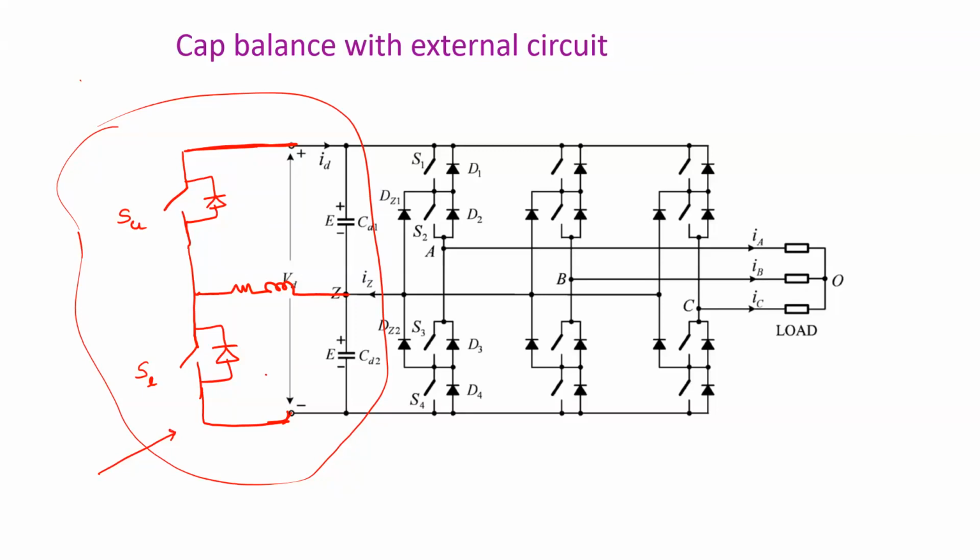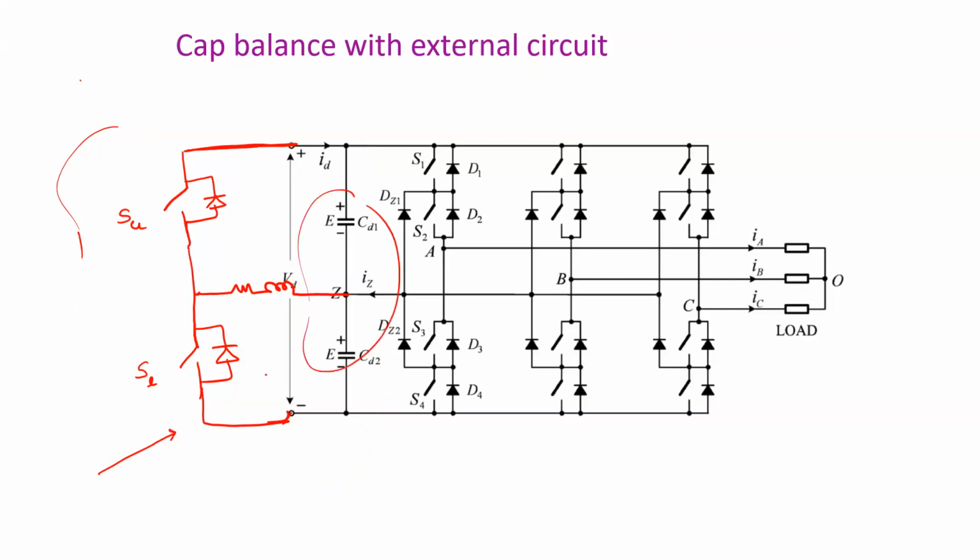Here this will be only 2 quadrant. If you have 2 switches and the split capacitor, that will be a 2 quadrant. If the switches are present here and we have the DC source outside, that will be your 4 quadrant.